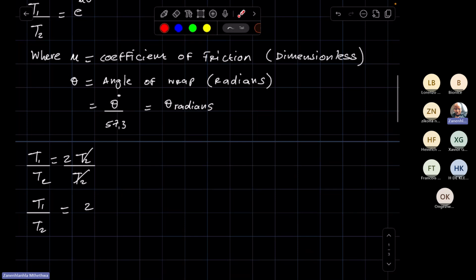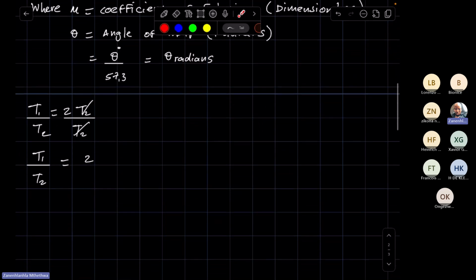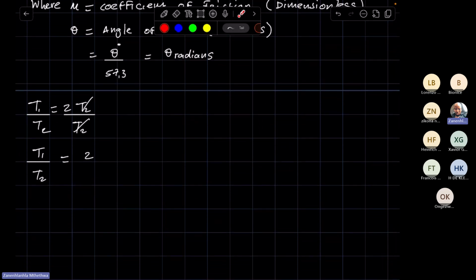They normally give you the tension ratio, as in the right-hand side of this formula. You just have to be careful as to how they've given it to you. Are we clear?